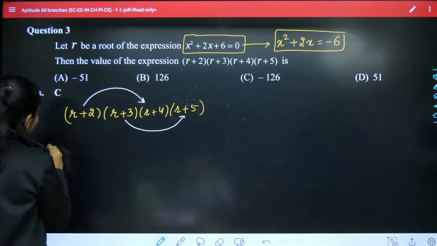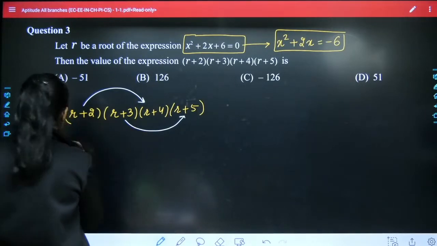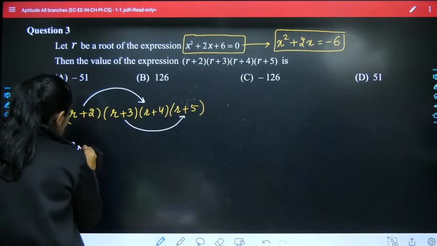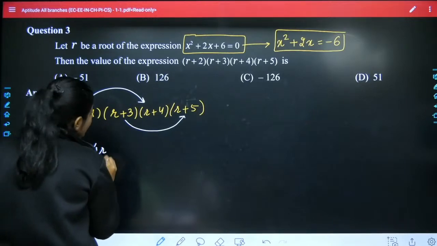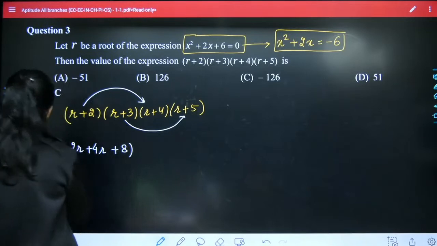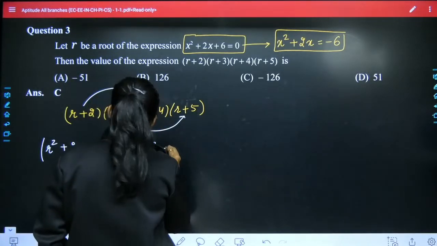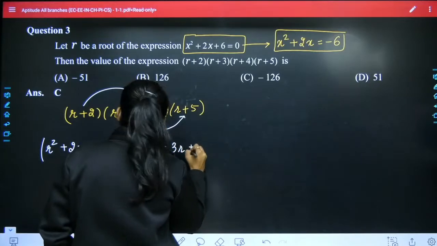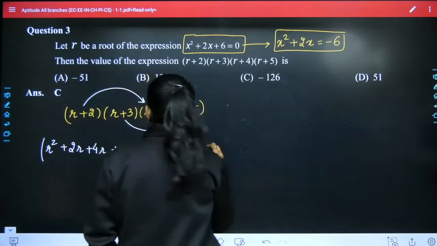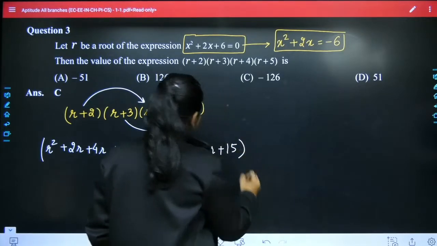Here we have R square plus 2R plus 4R plus 8, right? And here we have R square plus 3R plus 5R plus 15, right?